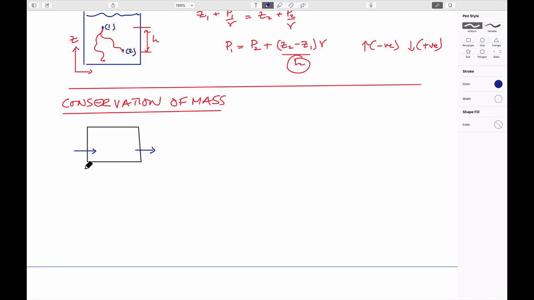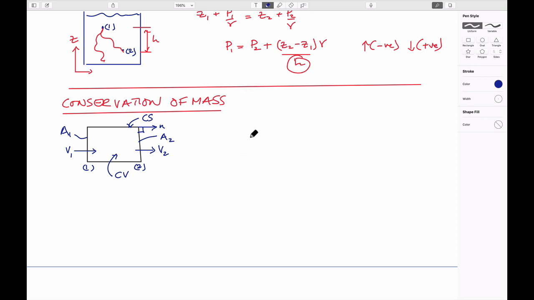If we have locations 1 and 2, then we have velocity into the system and velocity out of the system. It's important for us to define this normal to the boundary on a surface. A control volume and a control surface define the bounds of the system, and in the way that we've talked about it, we have upstream and downstream areas.